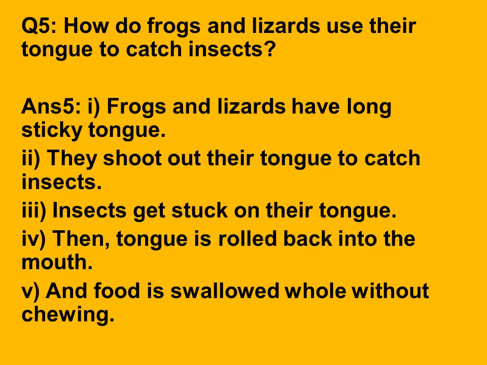Then they bring that tongue back into their mouth, that is rolling back the tongue, and they do not chew that insect, rather they swallow it as a whole. So chewing is not there. The whole process involves the sticky tongue. The main important feature is the sticky tongue, because of which the insect sticks to that tongue, and then they just roll that tongue back into their mouth, and without chewing they just swallow it.